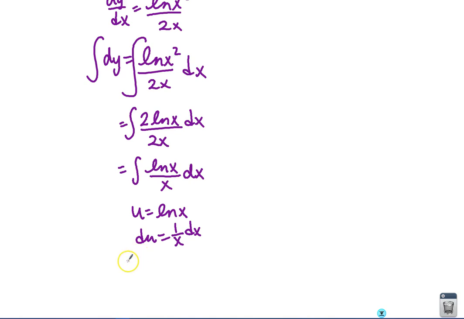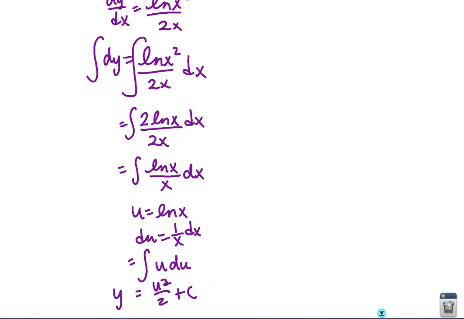So now I can rewrite that one as u du, and I already know that this side is just y, equal to u squared over 2 plus c. But remember, u was the natural log of x.